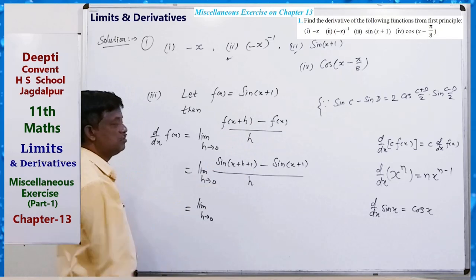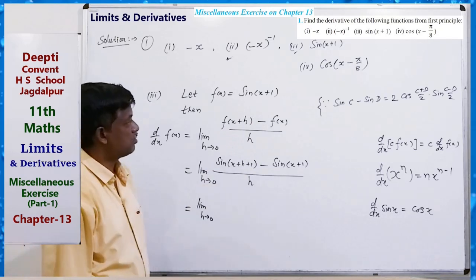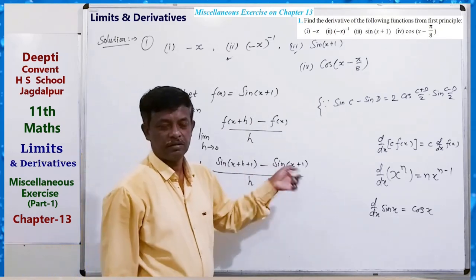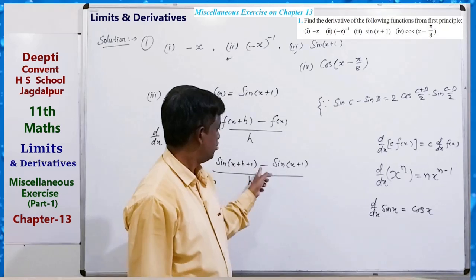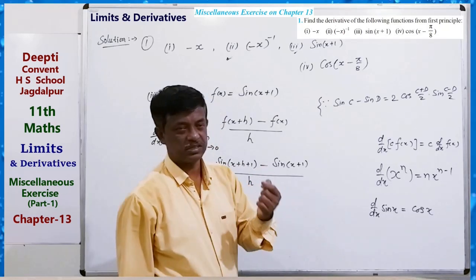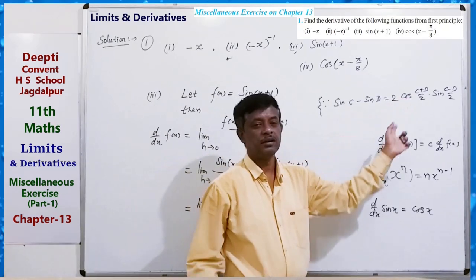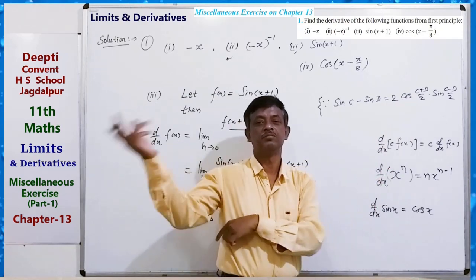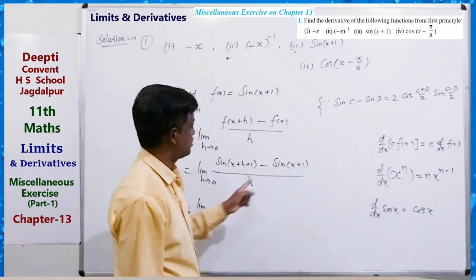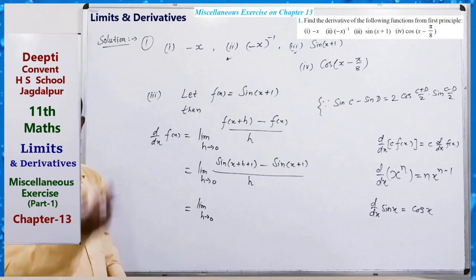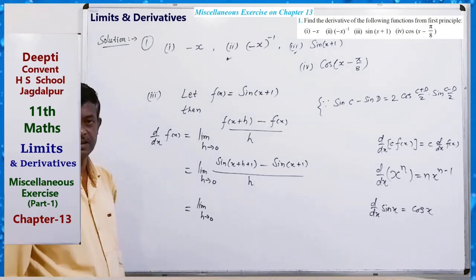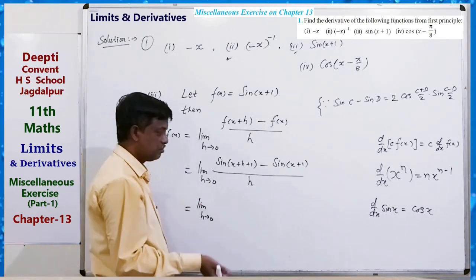This formula can be used here for simplifying, because it involves a difference of two terms, so it becomes a multiplication of two parts. Then for the limit we can use our basic formula.